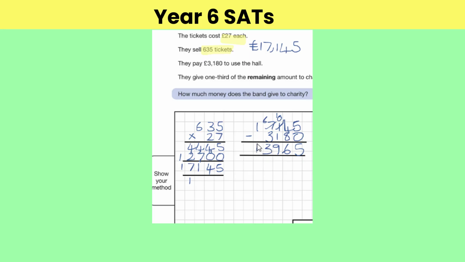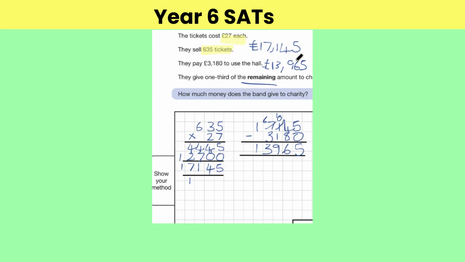And 1 take away nothing is 1. So after we have paid 3,180, we've now got 13,965 left. They give 1/3 of the remaining amount to charity.